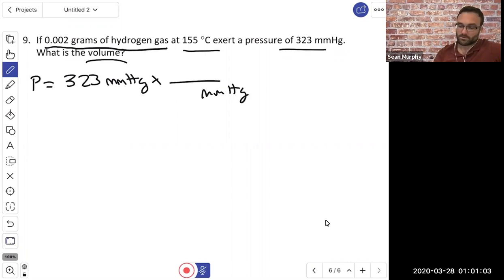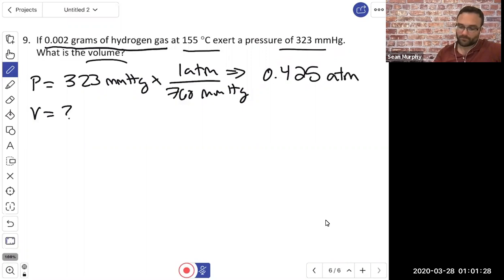All right, so we're going to do 760 for every 1 atmosphere. Looks about half to me. So 323 divided by 760 is 0.425 atmospheres. We are looking for volume. We're going to use 0.0821 since we have atmospheres.